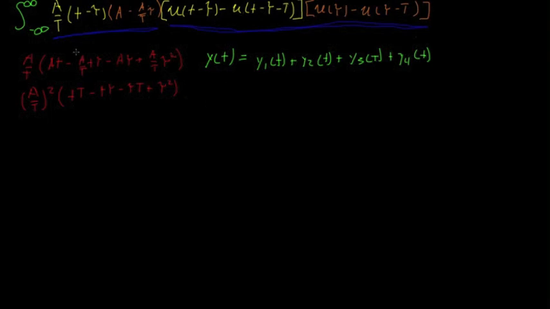That will become apparent as we begin to FOIL this out. So let's go ahead and begin FOILing it out. I'll start by saying y1 of t is equal to the integral from negative infinity to infinity.